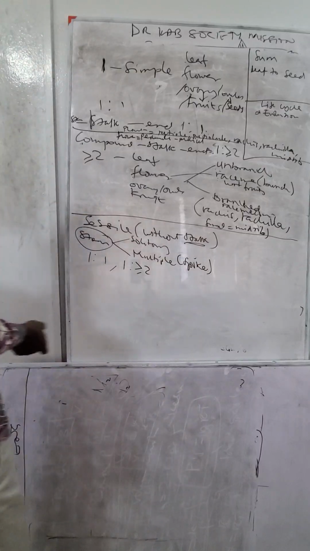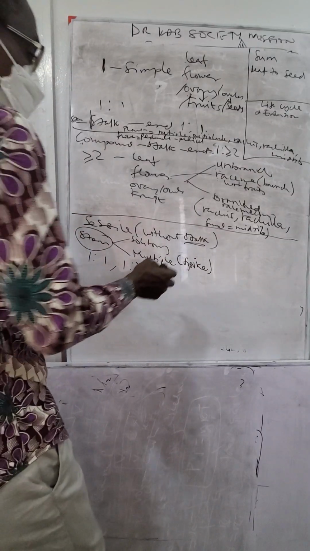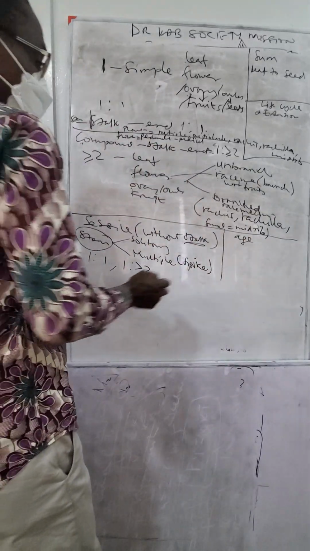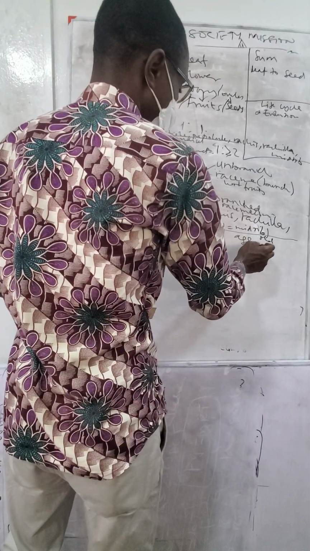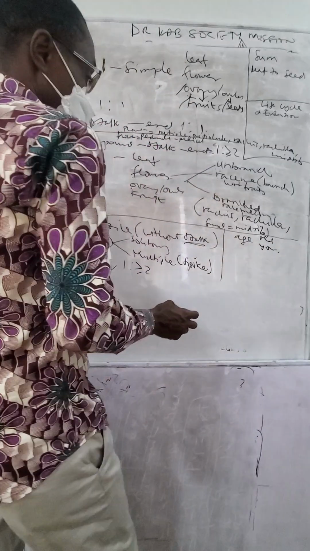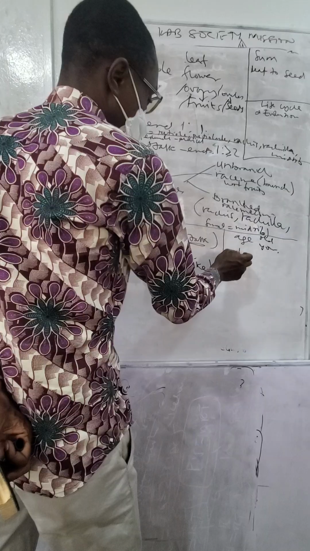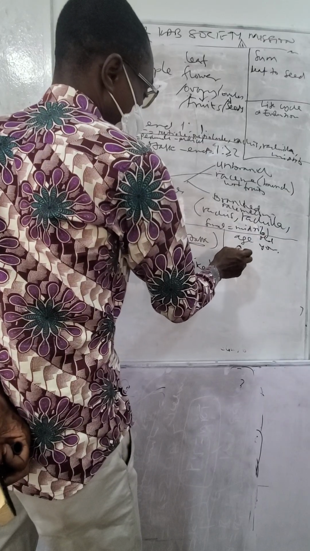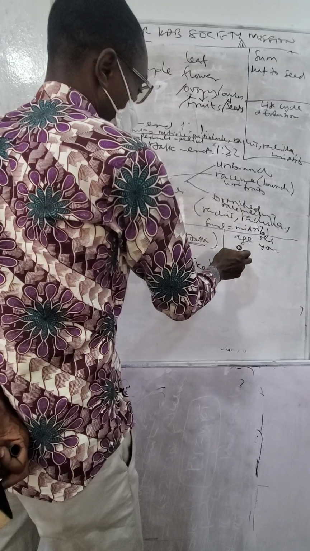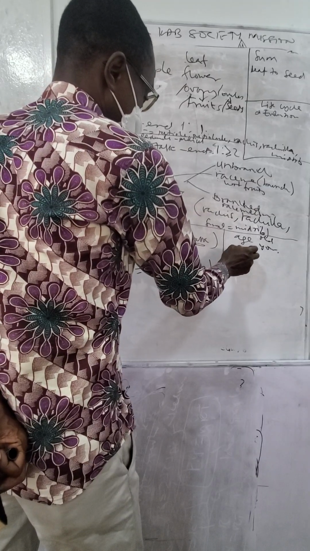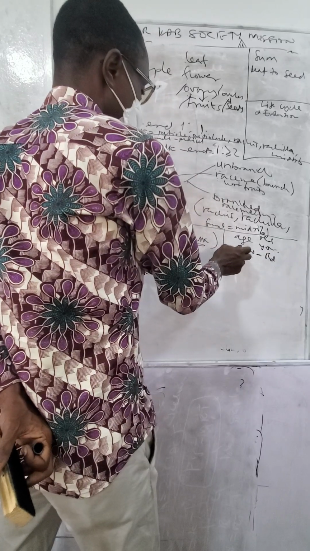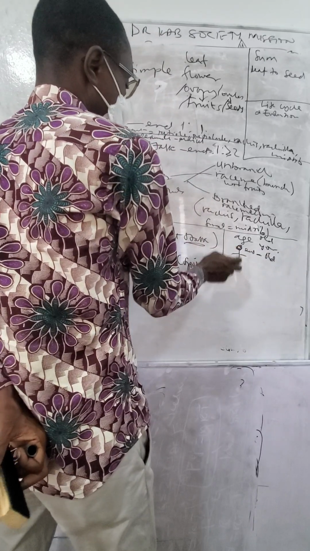Now we have another classification that is also done according to age. That is the young one, the old one, or the position of the old one and the young one. Usually, if the leaf, the flower, etc. is at the end of the stalk, then it will be the oldest, because once it is at the end, you can't have anything coming to the end again.